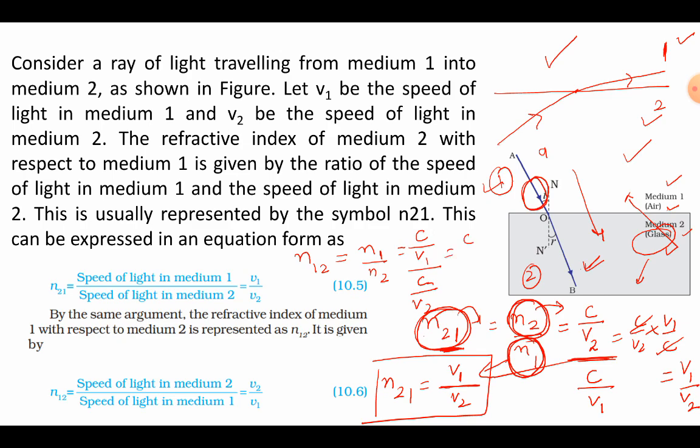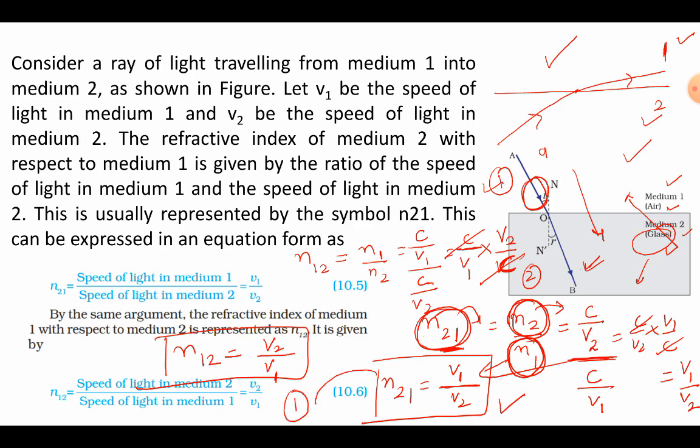Now we rearrange it: the speed of light in vacuum to the speed of light in medium 1, and the speed of light in medium 2 to the speed of light in vacuum. Again it will cancel, and what are we finally getting? The refractive index of 1 with respect to 2 is the ratio of the speed of light in medium 2 to the speed of light in medium 1. Now I have highlighted these two equations.